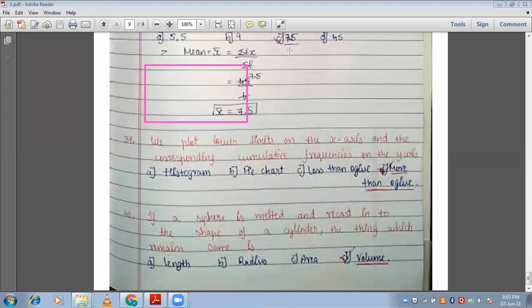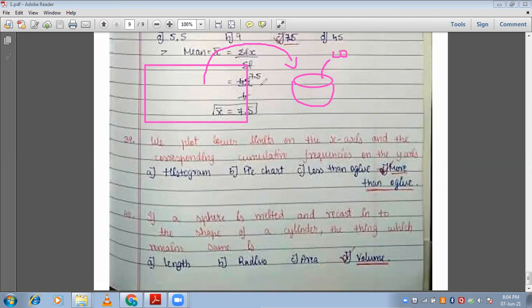When you are serving to the family members by using scoop, it will become the shape of the hemisphere. So when you serve to the family members by using scoop, you will get hemisphere shape. So you serve for 20 persons.